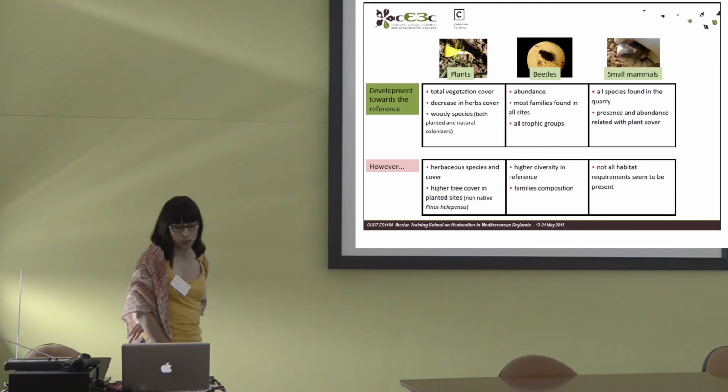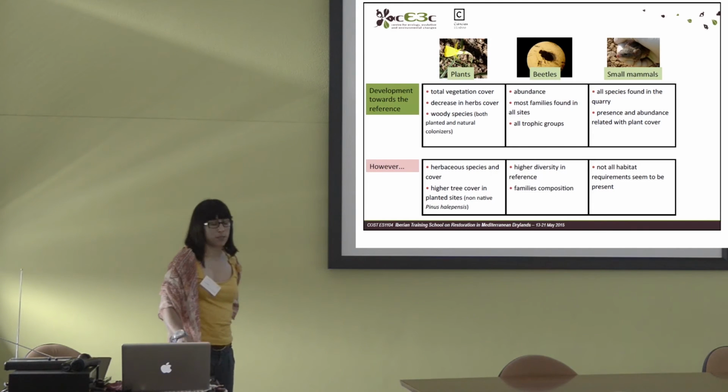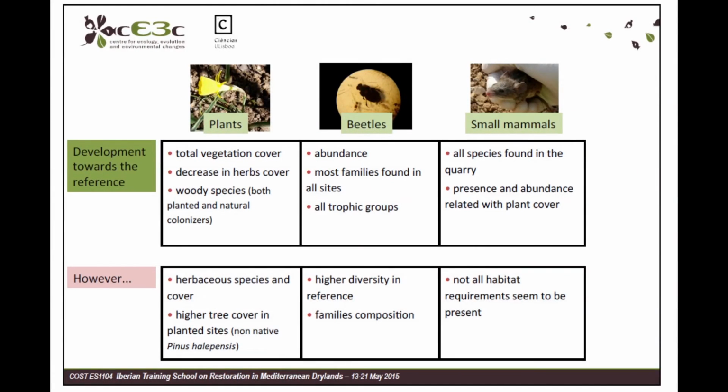So, to put it all together, we found that there are several things that point in the direction of what we consider the reference for our restoration. In plants, the total vegetation cover is increasing towards our reference site. We have a decrease in herb cover, and we have new species, both planted and natural colonizers.